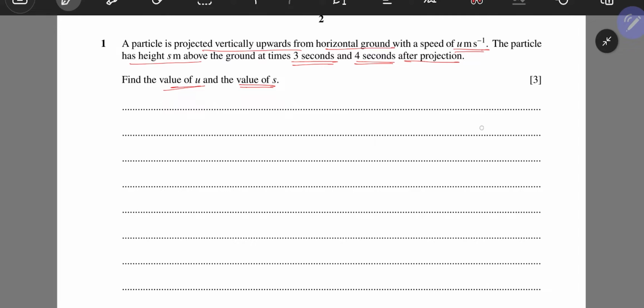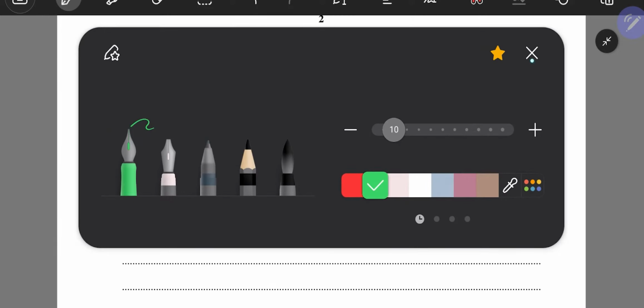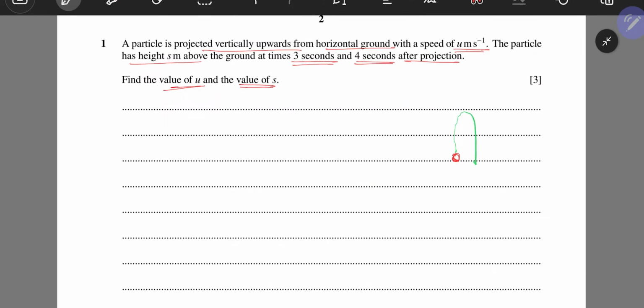So let's just draw what's happening. There is a ball that's being projected upwards, and we know when something is projected upwards, its path will be something like a quadratic curve, right?